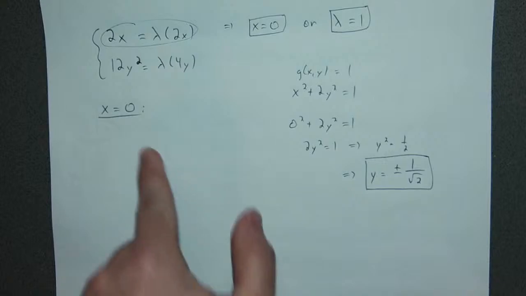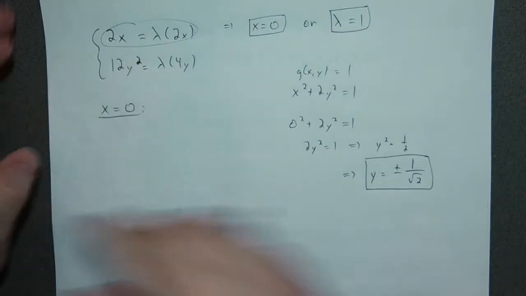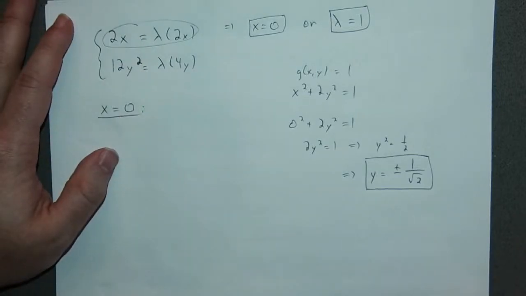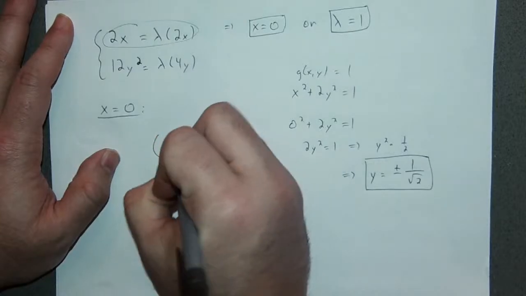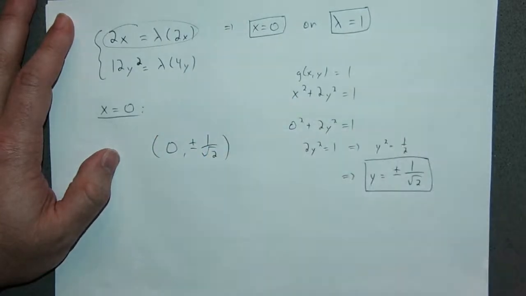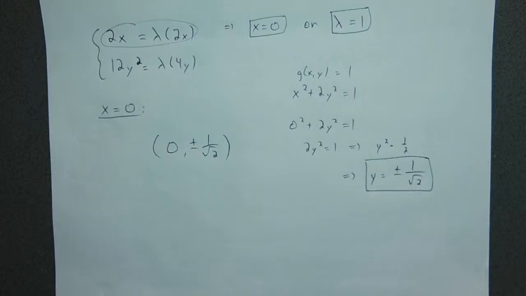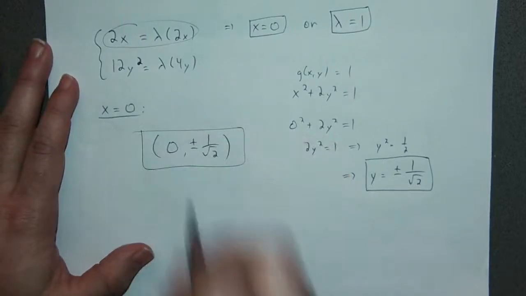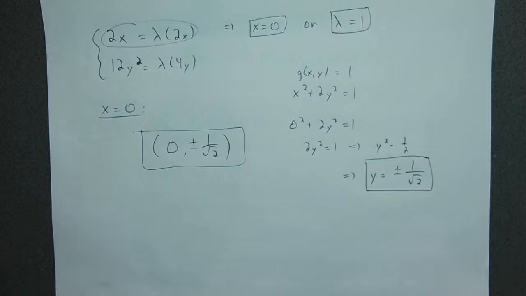And so, if x is equal to 0, I get two candidate points that satisfy these equations. What are those candidate points? 0 and plus minus 1 over root 2. So I get 2 points that are candidates for something happening.